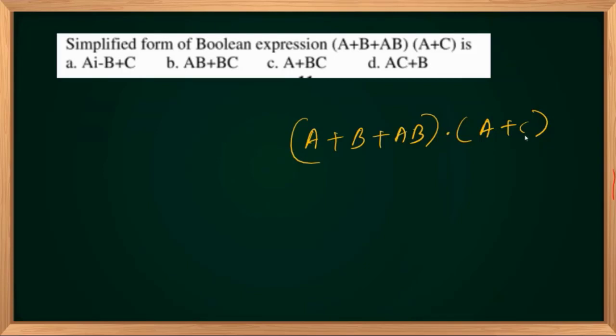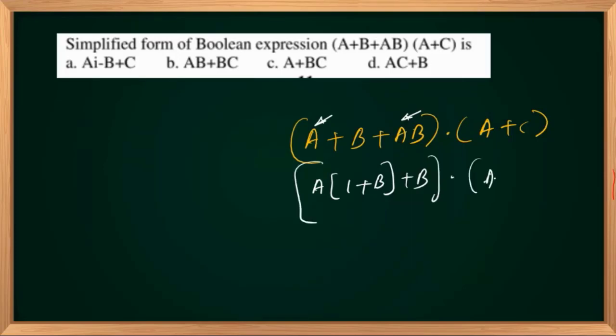Right. Very good. This A is common here. So I can take A common: 1 plus B plus B. Okay. Taking A common dot with A plus C. 1 plus B, everybody knows that it will be equal to 1. So 1 dot A will be A itself. So A plus B dot A plus C form.